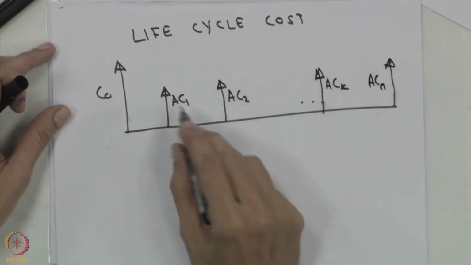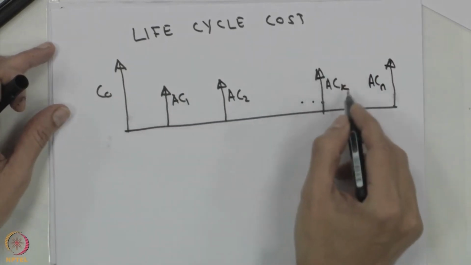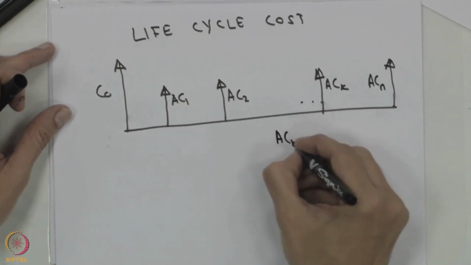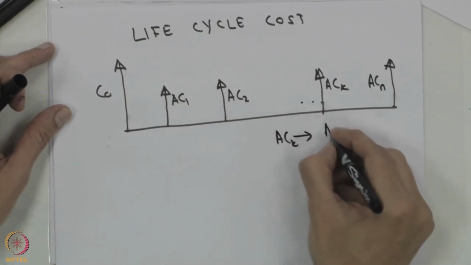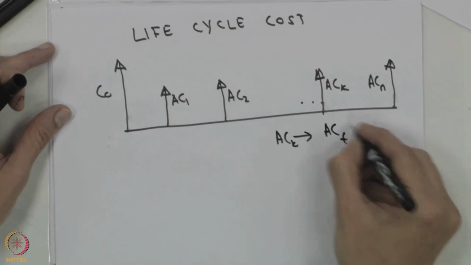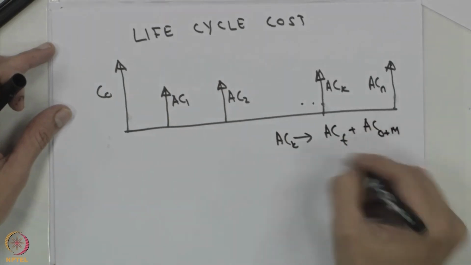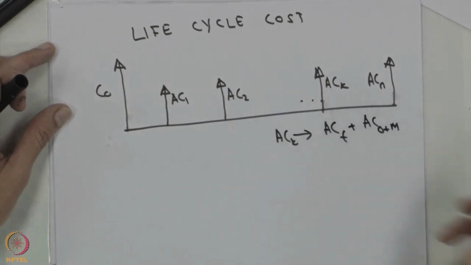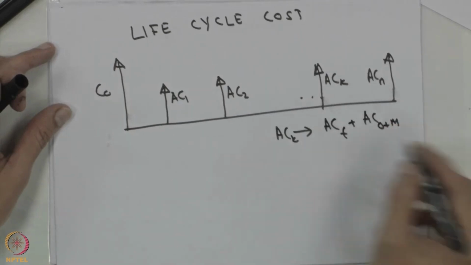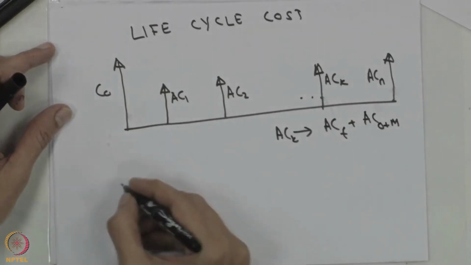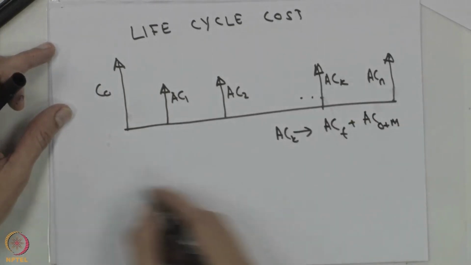This cost, the ACK in the kth year, will have the annual fuel cost, annual operation and maintenance cost, and any other labor and other costs which can also be taken in. So, what we can do is take the total sum of all the costs.